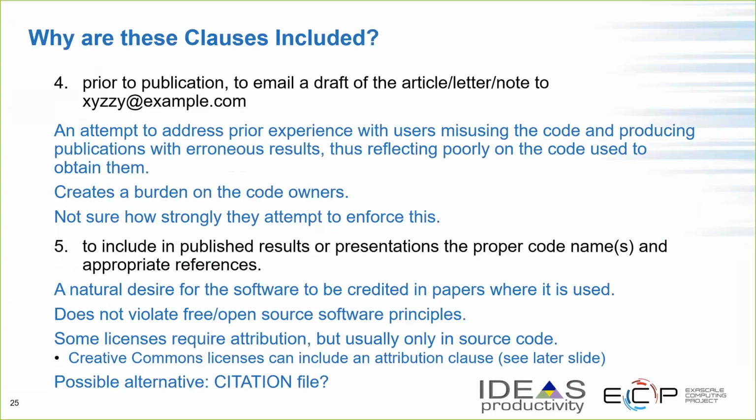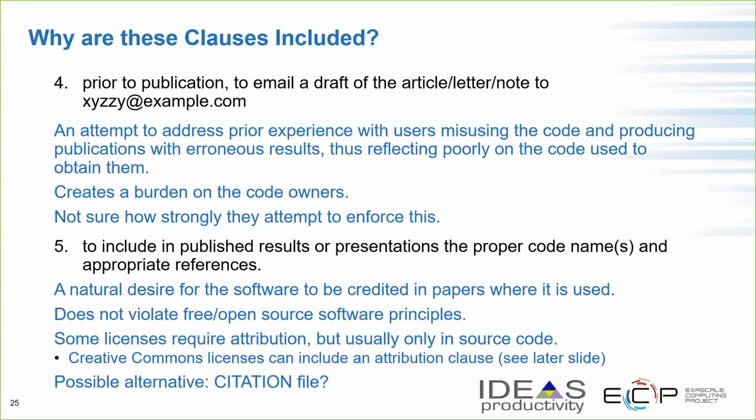Then the fifth clause, to include the name of the code and appropriate references. So here, I think people in the Q&A got it right. There's a natural desire that your software that you produce be credited in papers where it's used. I think this is a very reasonable expectation. This kind of clause doesn't violate any of the free or open source software principles that we've talked about.